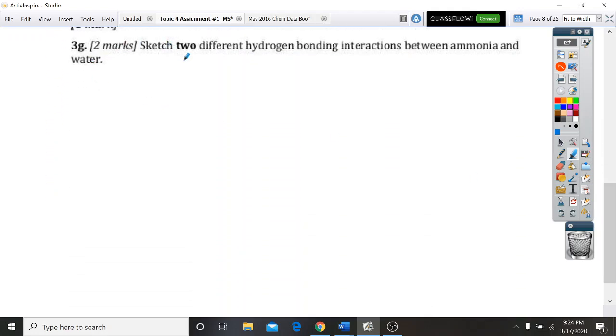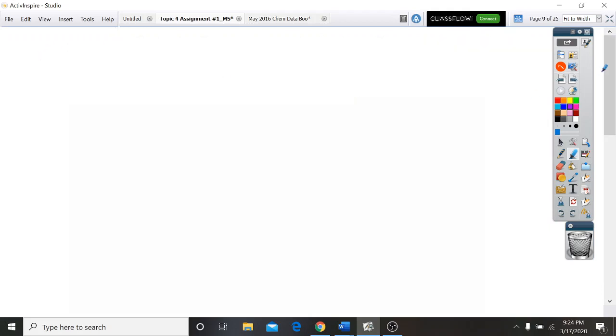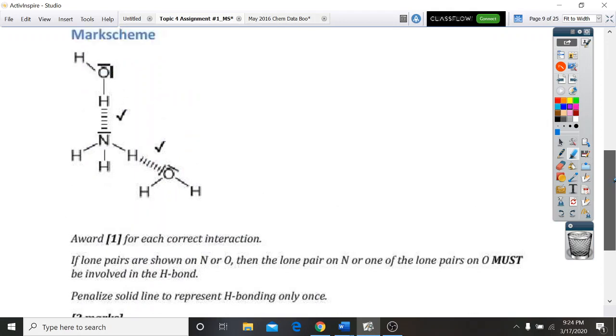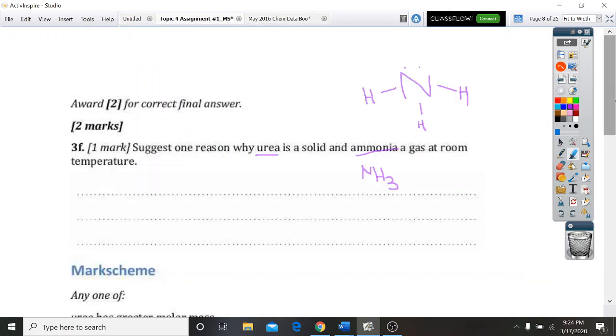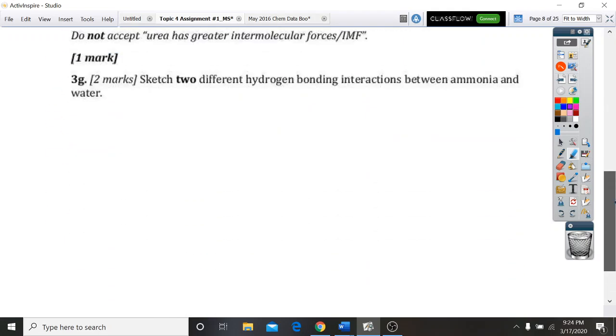In 3G, sketch 2 different hydrogen bonding interactions between ammonia and water. Here is the answer on the mark scheme, but I want to draw it for you as well. So I'm going to draw my ammonia here.